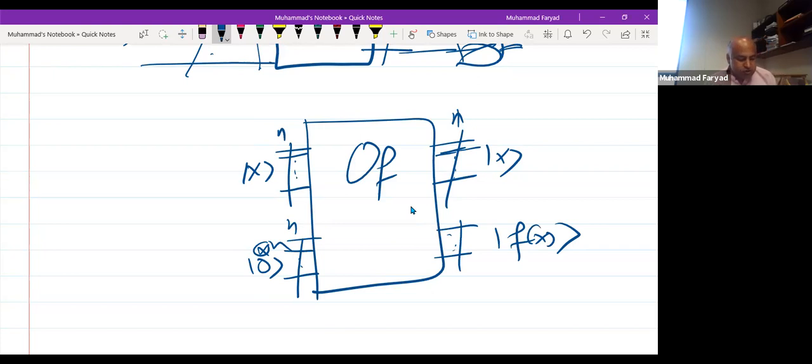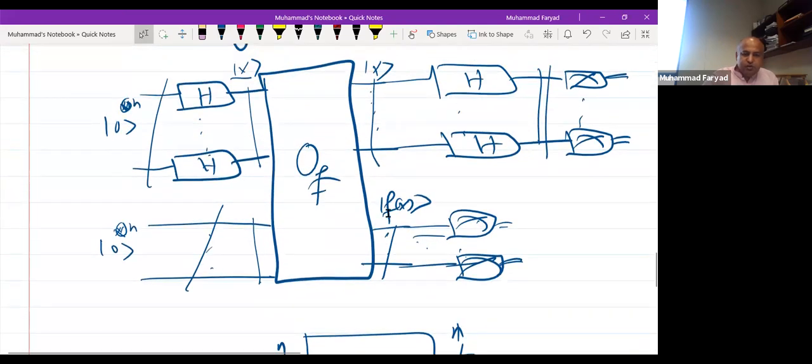Essentially, it XORs f of X with the 0, so 0 plus f of X is f of X. This is the oracle that we will be implementing. There are a couple of differences with respect to the phase oracle. Number one, we don't have a single input, we have multiple inputs. Number two, we don't initialize the ancilla inputs, if you want to call them that, to the minus state, but we initialize them to the 0 state. And the number of bits over here and over here are the same.